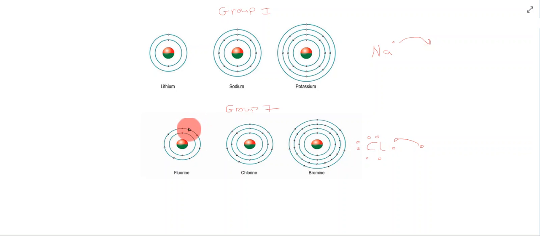So it's going to keep these outer electrons in place, but it's also going to attract an electron from another atom into its energy level. What's going to increase that is the bigger nuclear charge and the smaller number of electrons between the nuclear charge and the outside; the smaller that is, the bigger the pulling power is going to be.